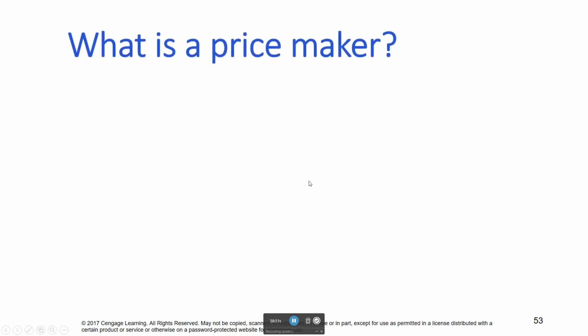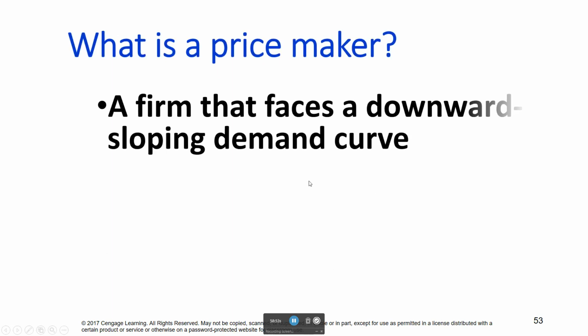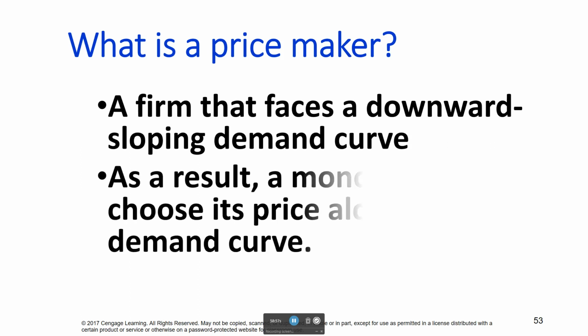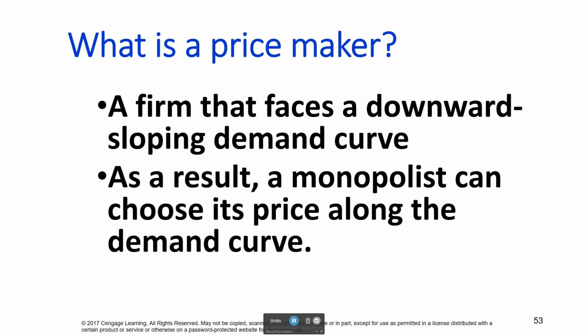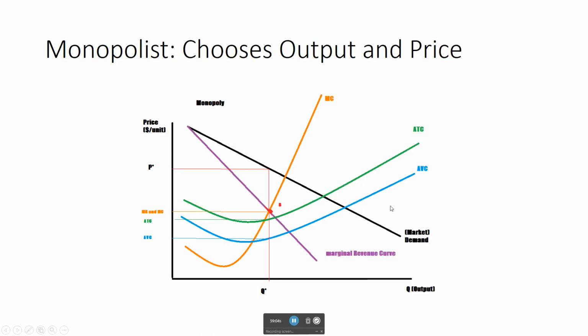Okay. Now, monopolies are price makers. All that means is that they face a downward sloping demand curve. As a result, a monopoly can choose its price along the demand curve. So here we have a demand curve. Now, monopoly, I only have one graph, and that's because the monopoly is the market.